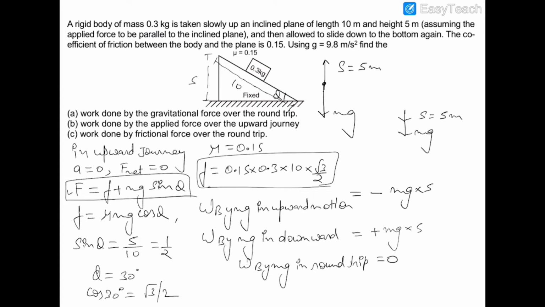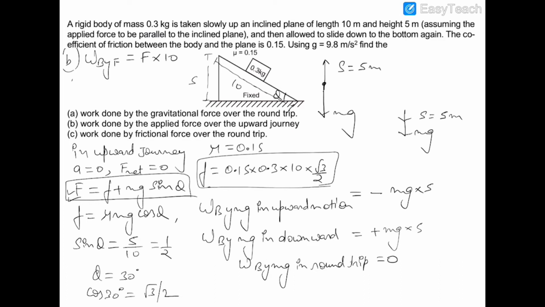This is the applied force, and hence the work done by the applied force in upward journey will be F into 10, which is the displacement in the direction of the force, because force is acting parallel to the displacement. And for option number C, the work done by friction over the round trip.